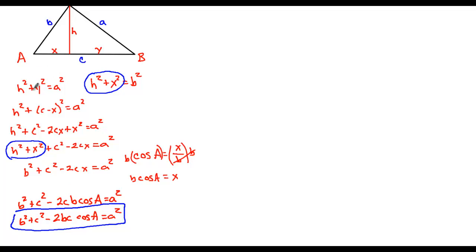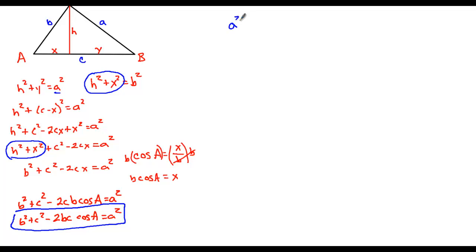Now, all I did was manipulate this one, right? Which basically just dealt with side A. I could have done exactly what I did here, but done it with this one and just dealt with side B, or I could have done it with side C. So there's 3 law of cosine formulas that you're going to have to know. I'm going to write them all right here.